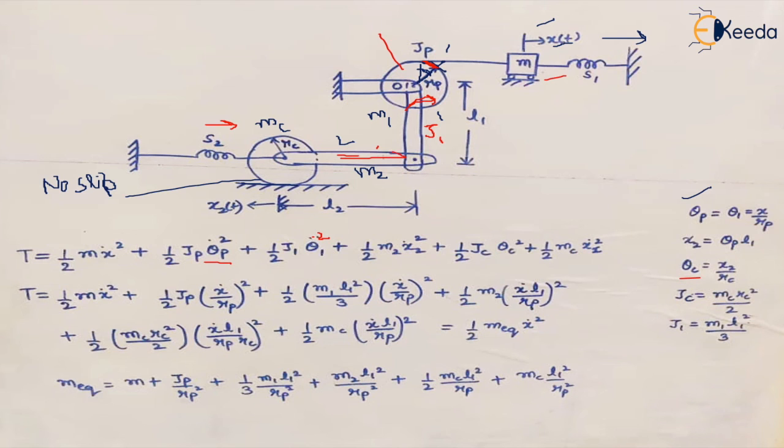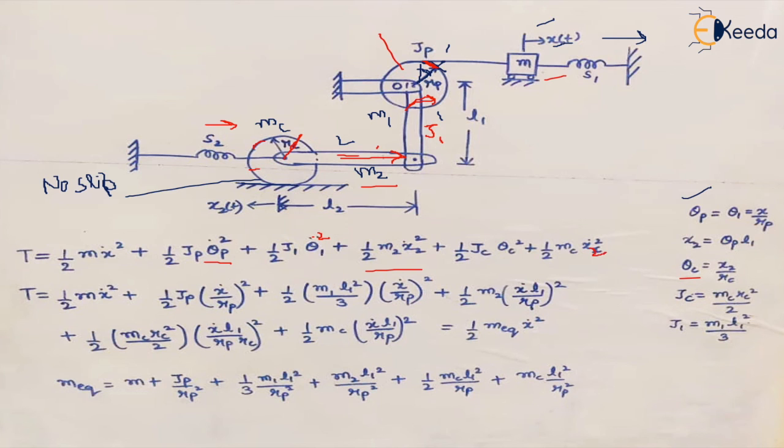Plus, when link 1 rotates, this link M2 will have translational motion, because it is connected to a cylinder which cannot slip. So if its mass is M2, it will be half M2 x2 dot square, plus again this is a rotational body, so it will be half Jc, the mass moment of inertia of this cylinder, into theta c dot square, plus half mc into x2 dot square.